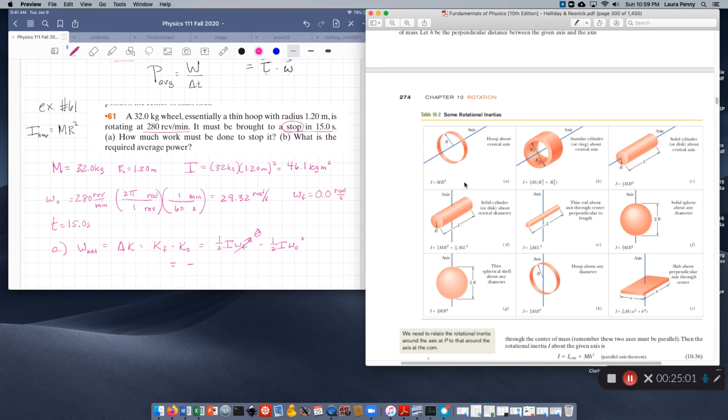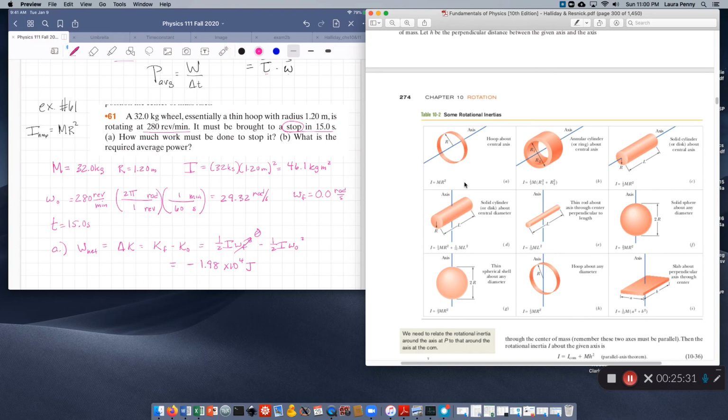This is a negative 1.98 times 10 to the 4 joules. So that's the amount of work that has to be done.